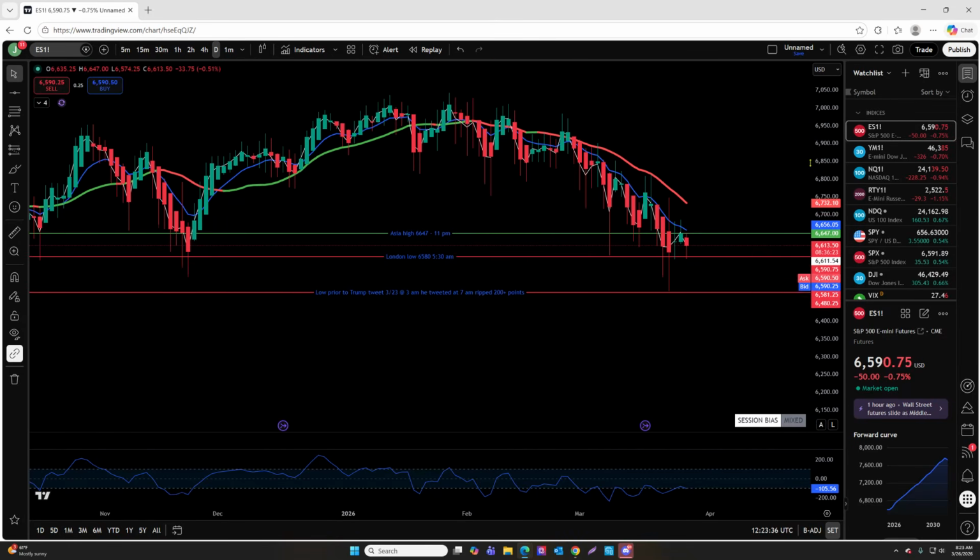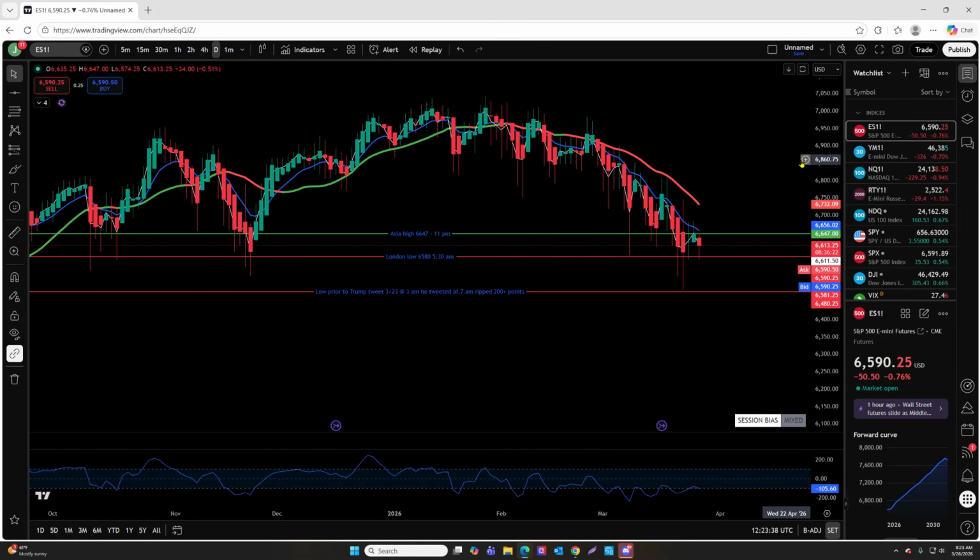What does that look like? It looks like a downtrend, guys. We came up here, and since January, we had January 28th, and we're now at the end of March. This is just a big old downtrend.